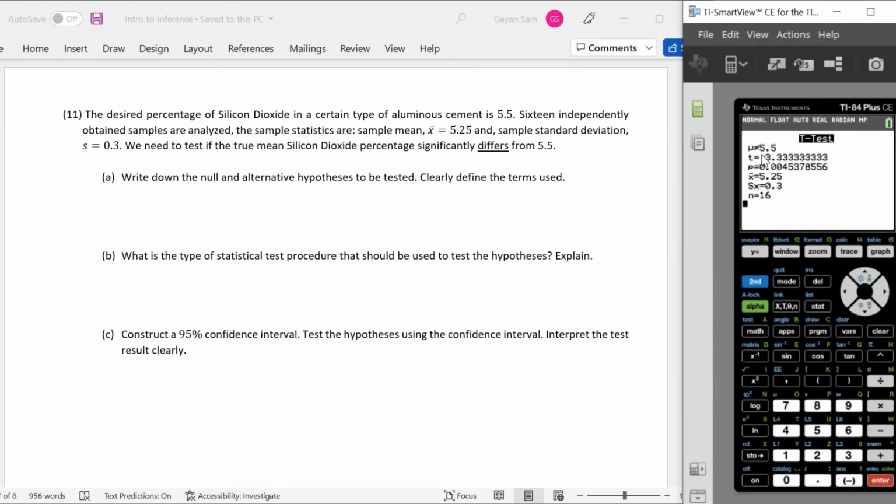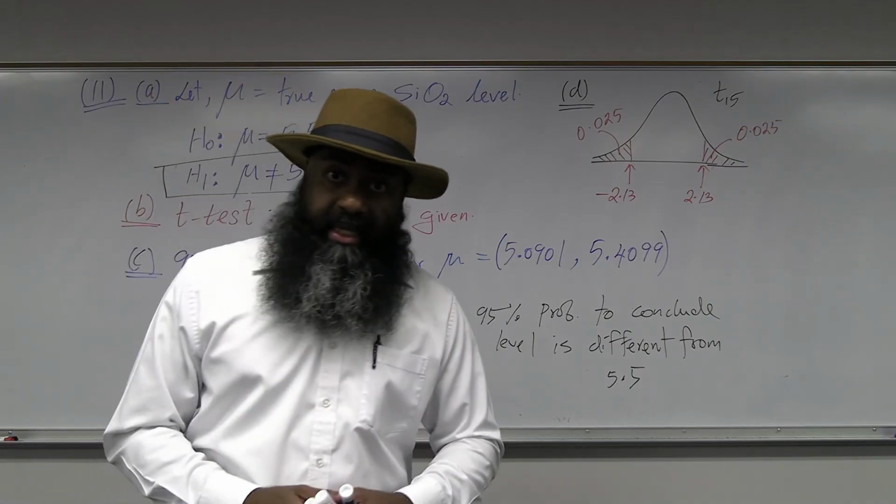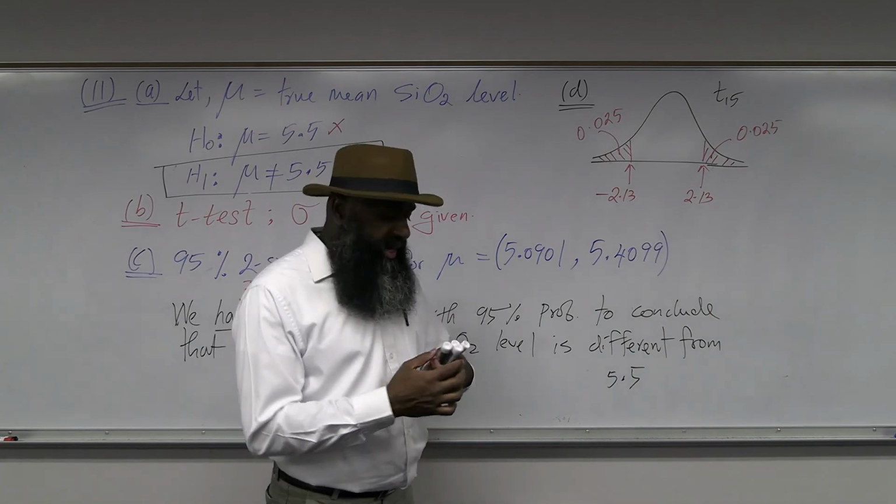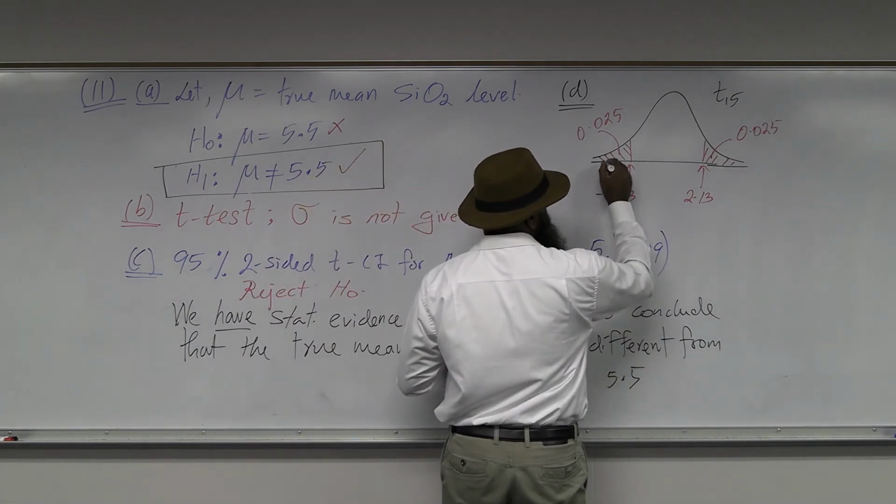That's what we have in the first line of this output. Therefore, we can go ahead and use rest of the output without any problem. The calculated t-test statistic is negative 3.33. The p-value of the test is 0.0045. The test statistic is negative 3.33, which will be somewhere here.